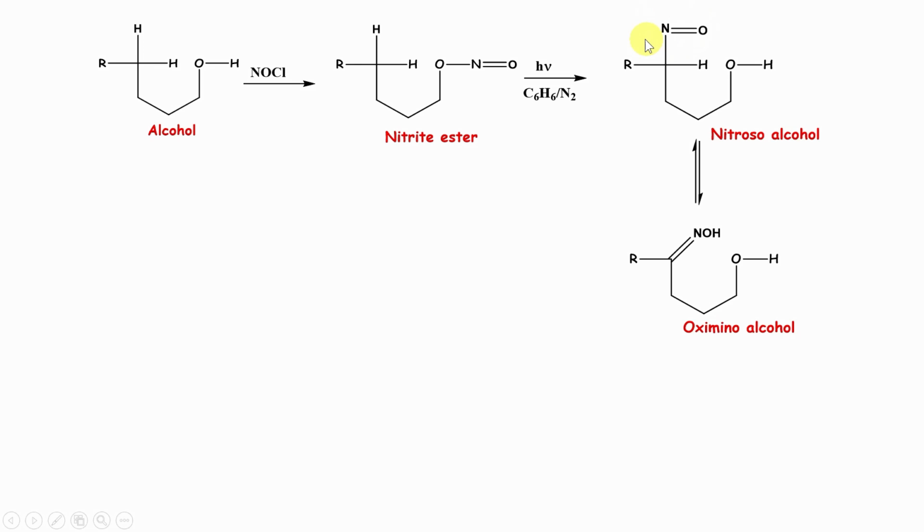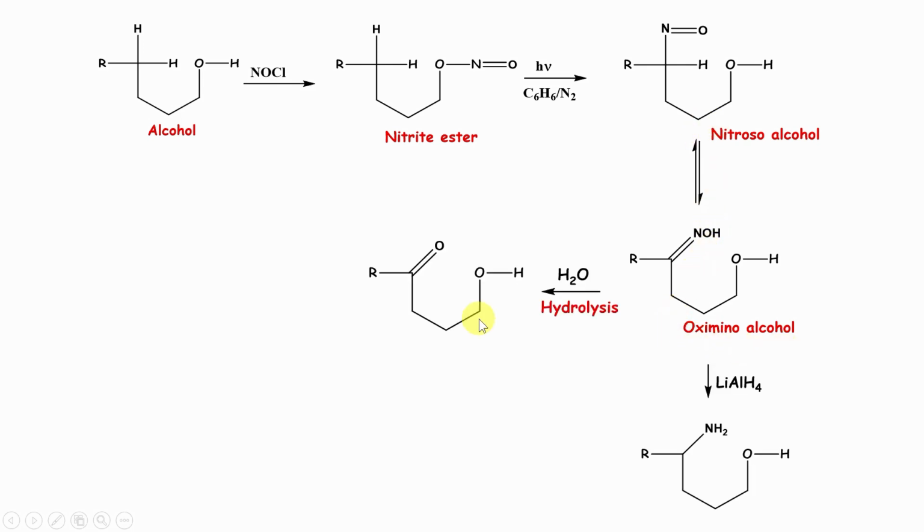Here is a nitroso group, and hence it is called delta nitroso alcohol, which tautomerizes to produce the corresponding oxime, that is oximino alcohol. The oxime on hydrolysis gives delta keto alcohol, that is alpha, beta, gamma and delta.